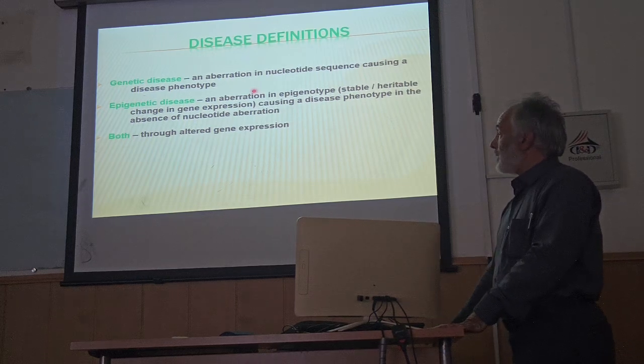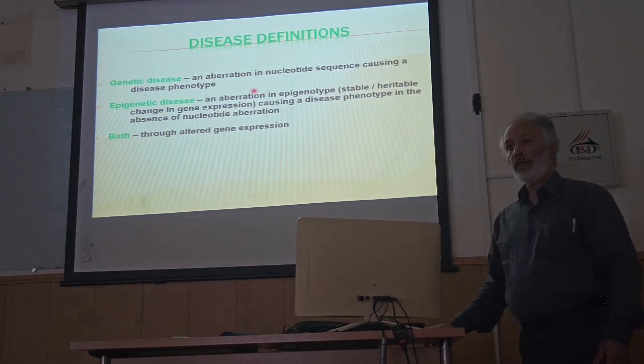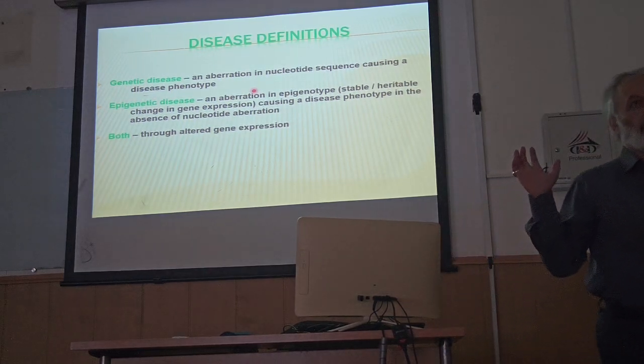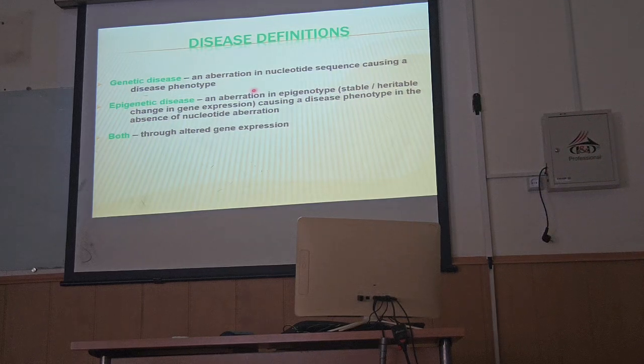By this definition, we can change the categorization of the diseases. We said we have single gene disorder, chromosomal disorder, multifactorial disorder. But in addition to them, we can have epigenetic disease.